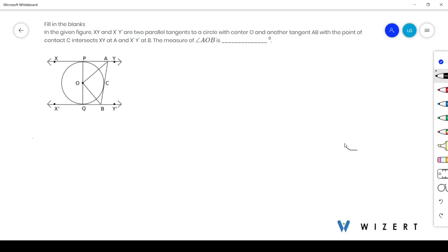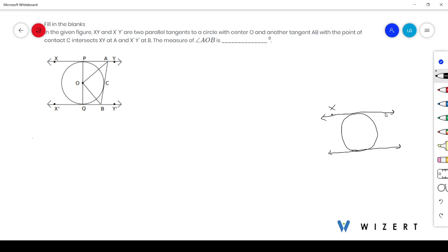Here we are given that tangents XY and X'Y' are parallel.